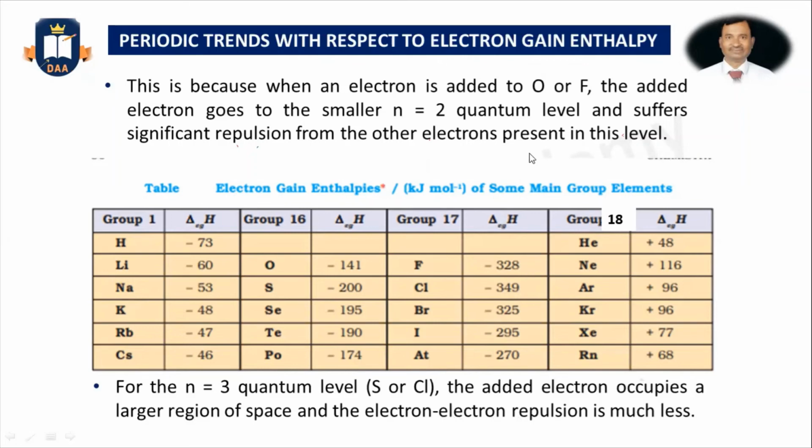And that is why for oxygen and fluorine, electron gain enthalpy is comparatively less negative in both cases compared to the succeeding elements sulfur and chlorine.